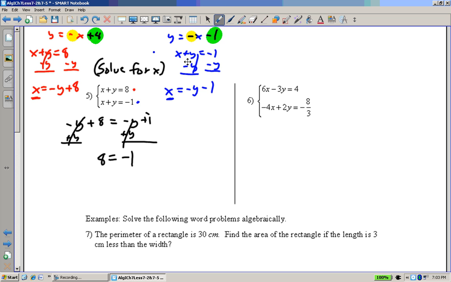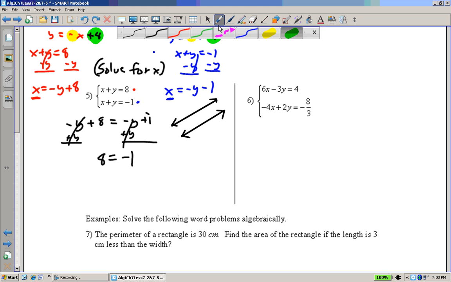What that means is that these are parallel lines. And if you remember parallel lines, what's the solution to a set of parallel lines? Well, there is no solution. And since we deal with a real number system, I'm going to say there's no real solution.